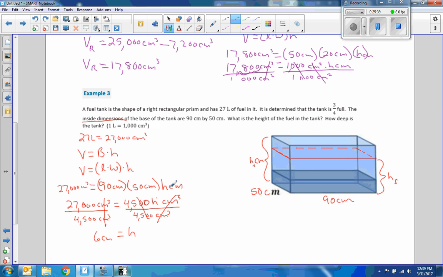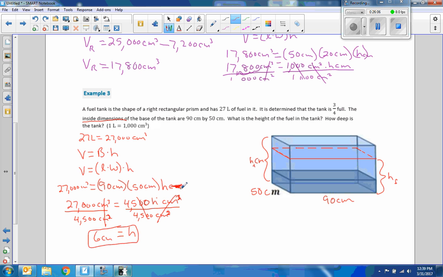Actually, if I didn't have centimeters here, 90 centimeters times 50 centimeters times height, then I'd have a squared here, and a squared here, and centimeters cubed divided by centimeters squared is centimeters there. That's a little bit more precise. So my answer is the height is 6 centimeters.